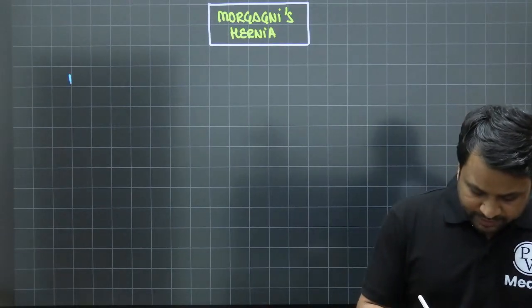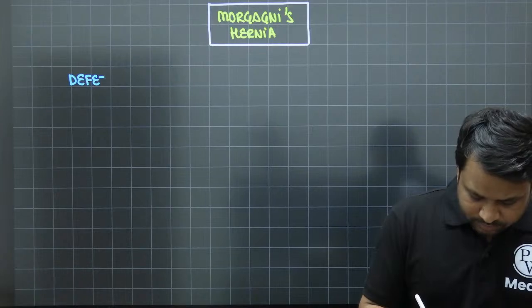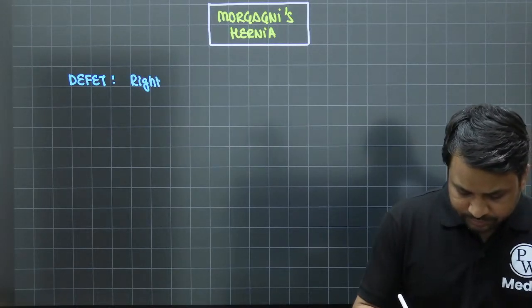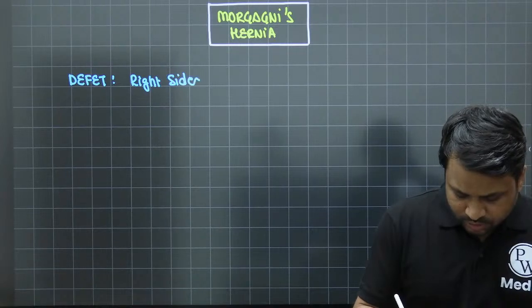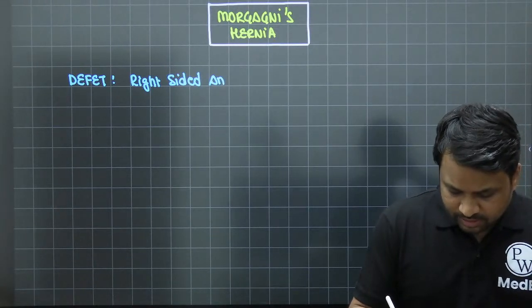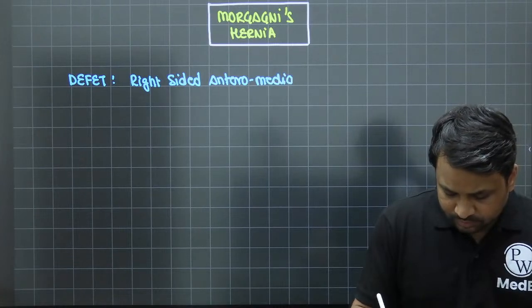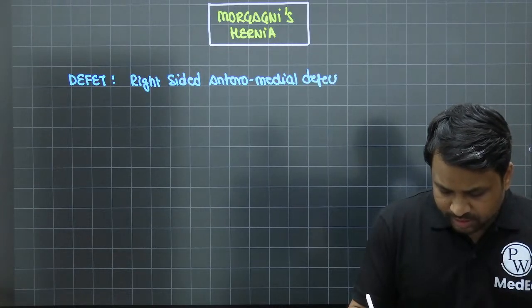When you look at the defect which is going to be present here, it is going to be a right-sided anteromedial defect.